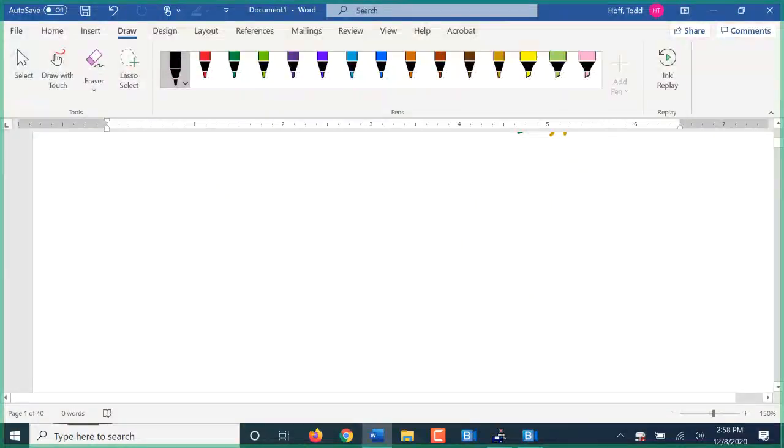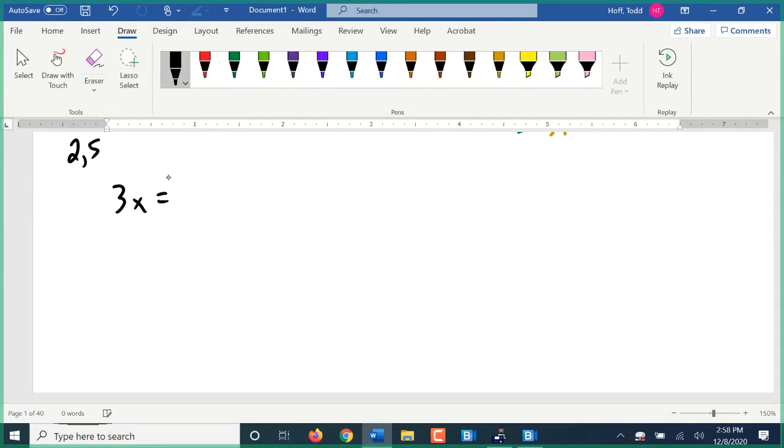So what happens when we run into 3x equals 2y minus 4, and 3y equals 4x plus 4.